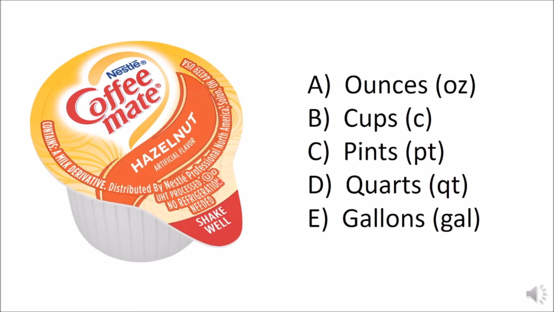And this one's kind of hard, because I know you guys don't drink coffee, but maybe you've seen your parents put this in their coffee. All right, and the answer is ounces. Okay, this is almost half an ounce. It's like 0.4 of an ounce. Okay.